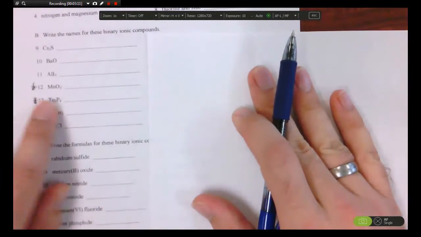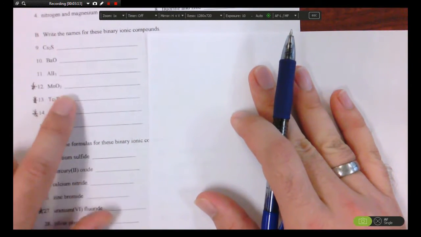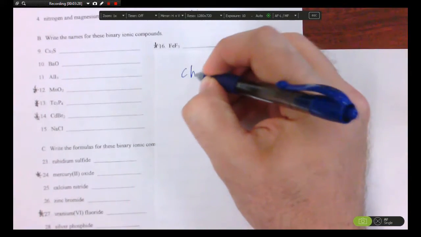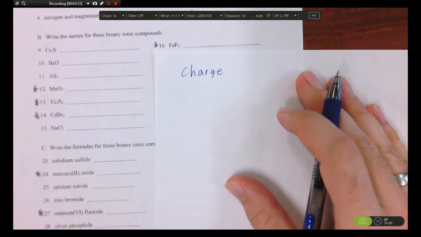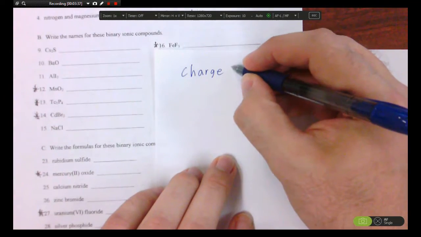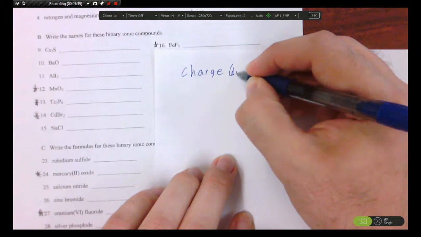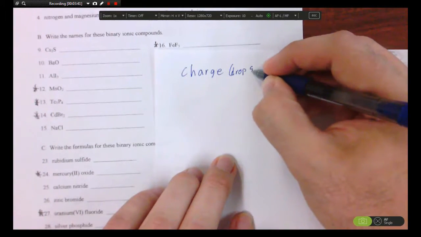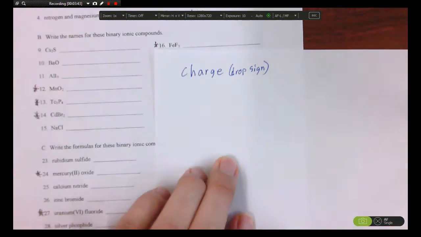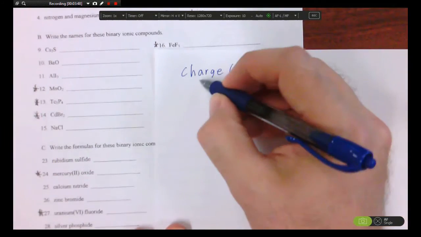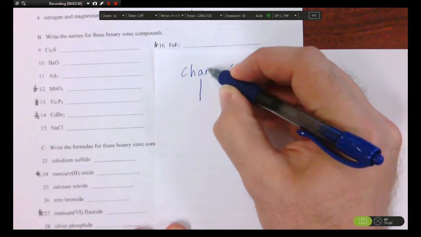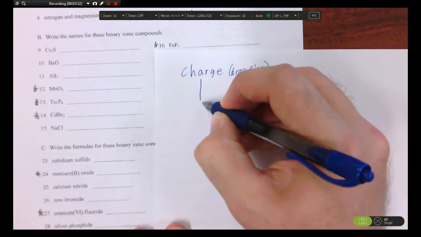However, with these, some people are having a little bit of trouble trying to figure out the overall charge. You take the charge of your second guy, and that's always going to be the negative one. Take the charge, drop the sign. Bad handwriting, I know. The next thing you're going to do is take that charge after you drop the sign and multiply it.